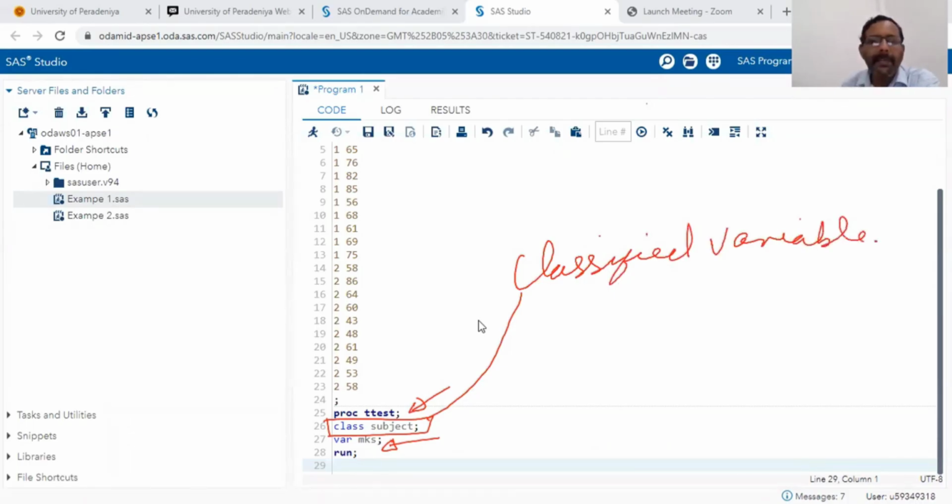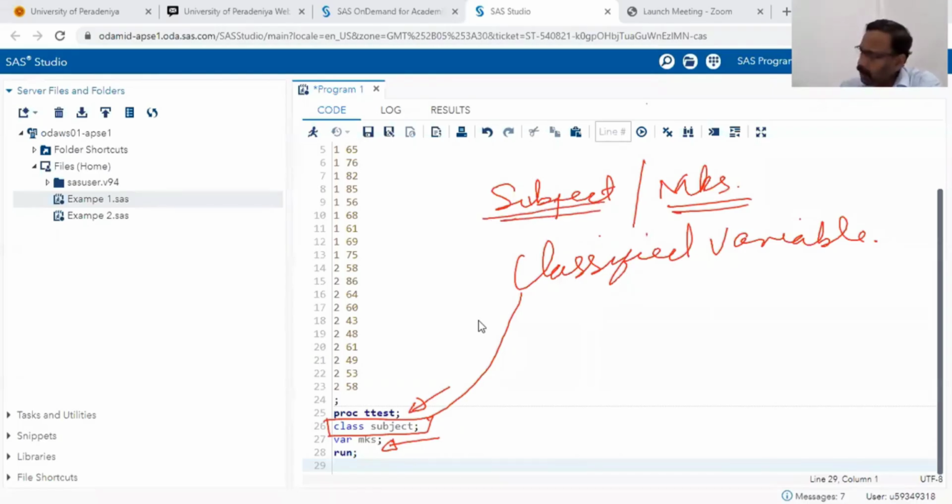How many variables have we entered? Look at the input, we have entered subject, that is one variable. The other variable is marks. We have entered two variables, subject and marks. Among these two variables, we have to specify what is the classified variable.